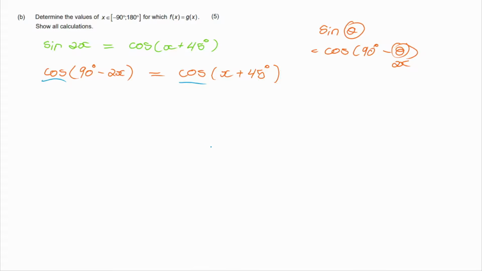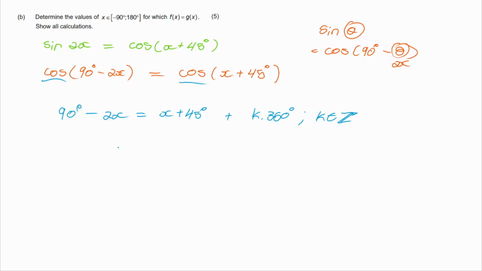So now we can say 90 degrees minus 2x is equal to x plus 45 degrees plus k times 360, because we're dealing with cos. And remember, k is an element of the integers.